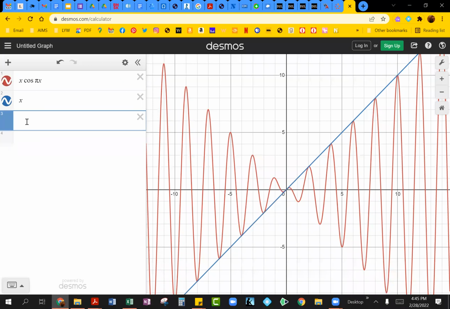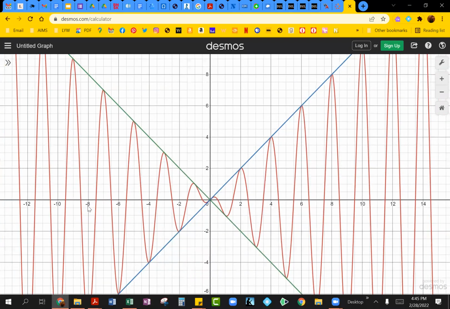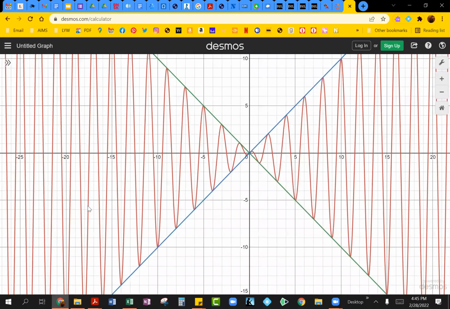Now let me go ahead and graph the negative x function also. And you can see how your cosine of pi x function is bounded, or restricted, by the positive x and the negative x line. So it makes that visualization a little bit better. And this is what's happening in all of those 4 examples that we saw before.